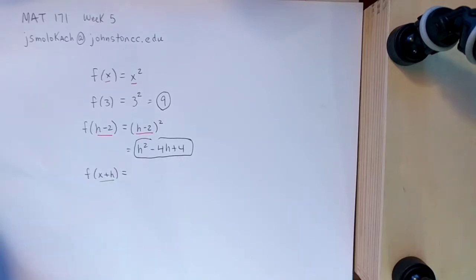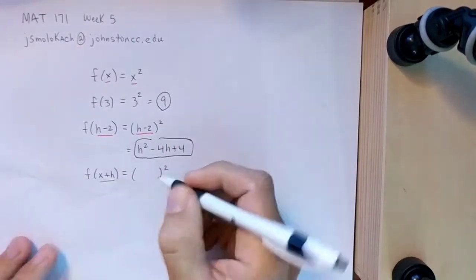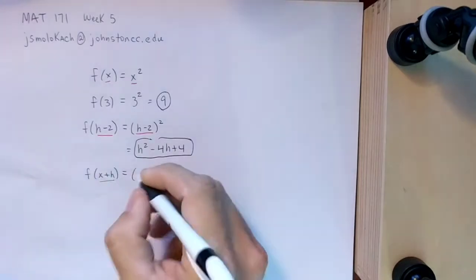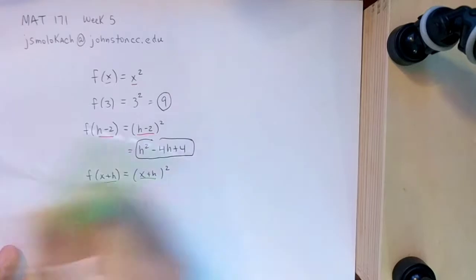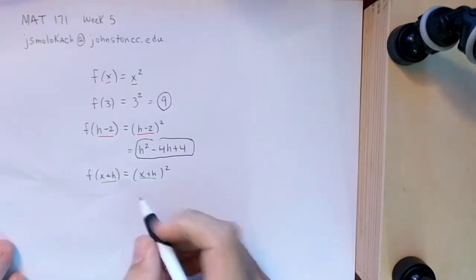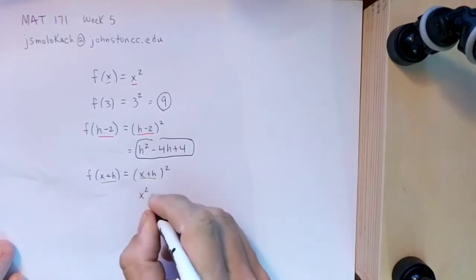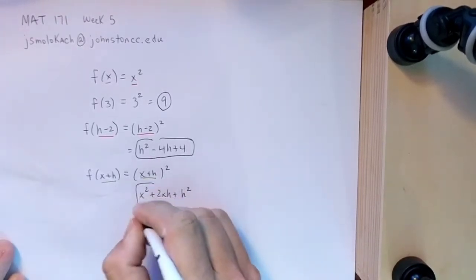Okay, so now we're going to, again, fill that empty space up with x plus h. And again, just like before, you can do x plus h times itself all multiplied out. The answer to this would be x squared plus 2xh plus h squared.